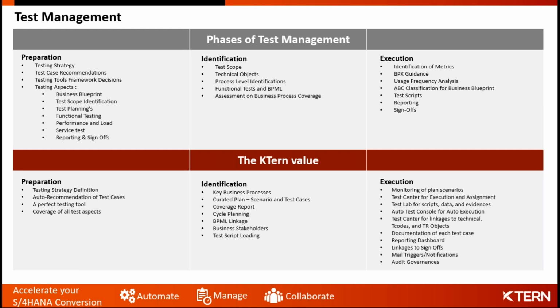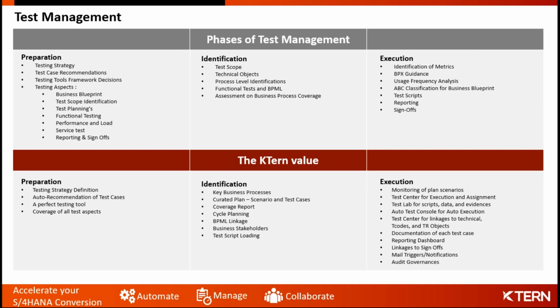For that, KTern comes with an inbuilt auto test case recommendation, which will help you understand the business process and get the level of complexity to the connected system using these recommendations, and you can plan your test strategy accordingly.